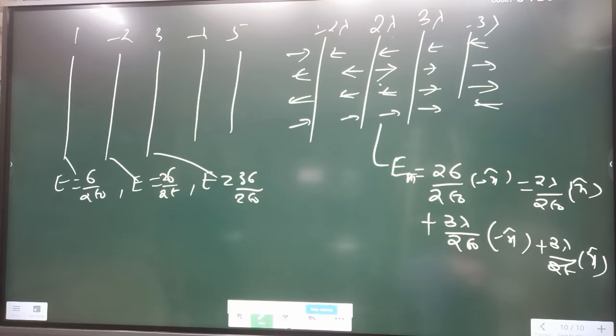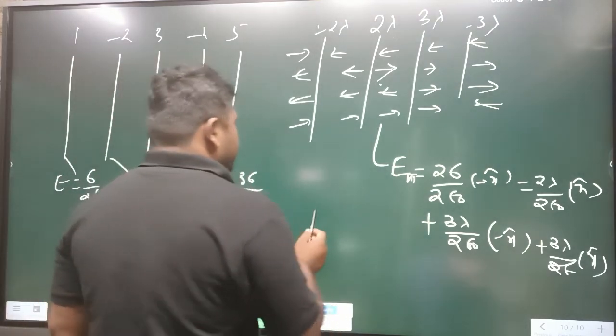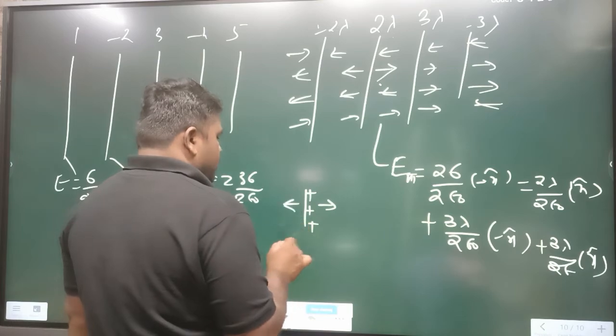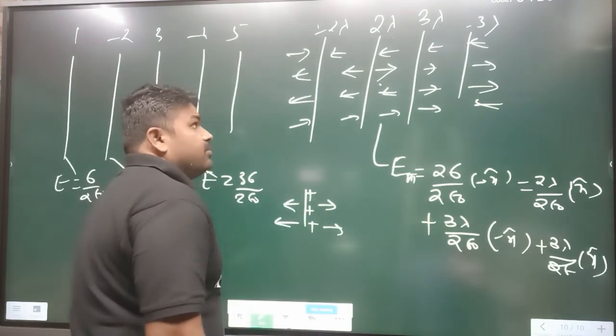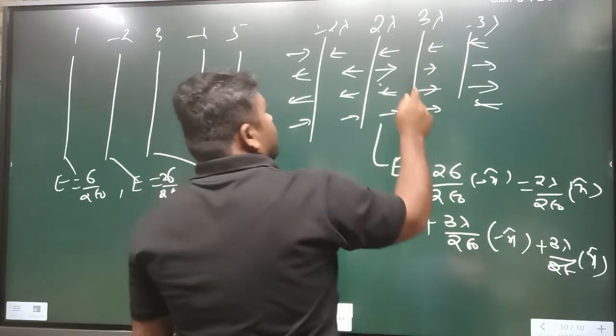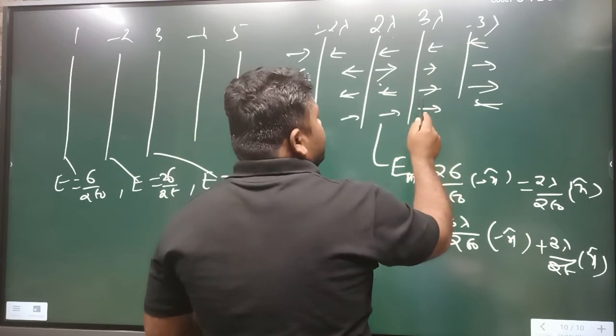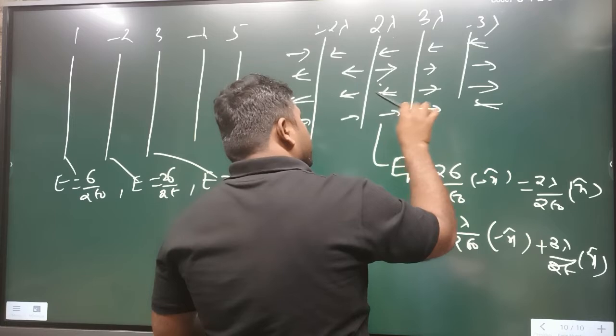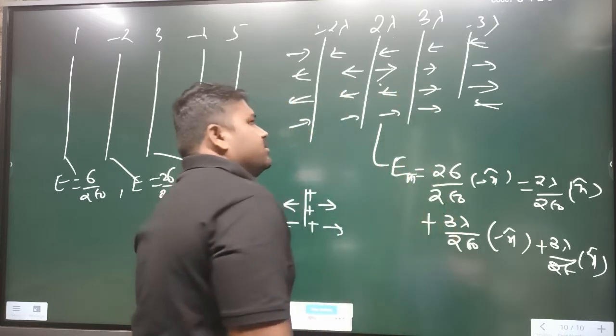Yes, any doubt? Sir, the direction of 3 lambda. Which 3 is it? Plus 3 lambda, minus 3 lambda. Plus 3 lambda means away from this one. Here the charge is positive. Okay, arrow outward direction. Yes or no? Means here is a plus 3 lambda. Plus 3 lambda away. Means the direction away means positive direction. In this plate, away means negative direction.